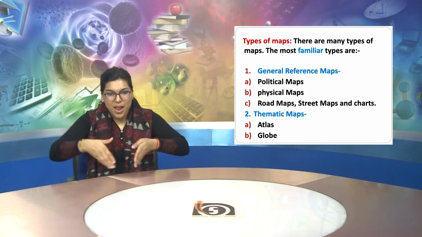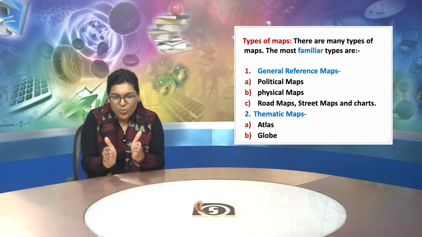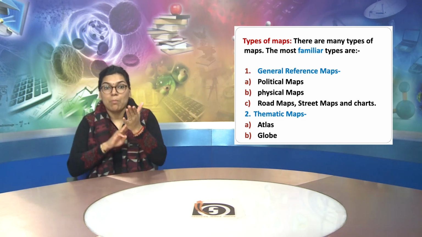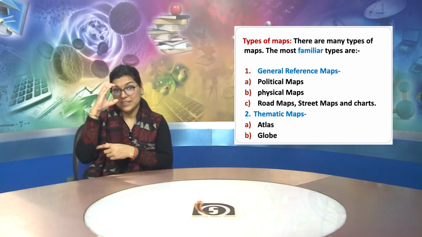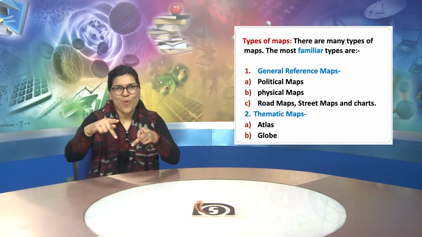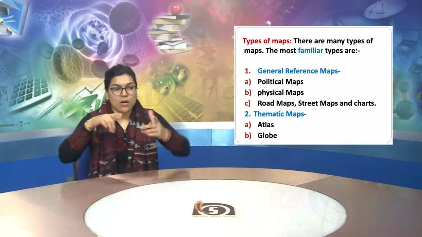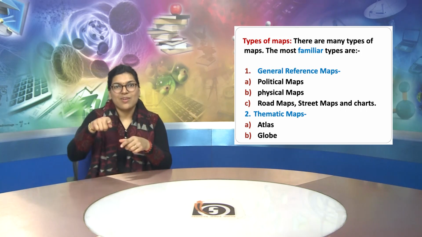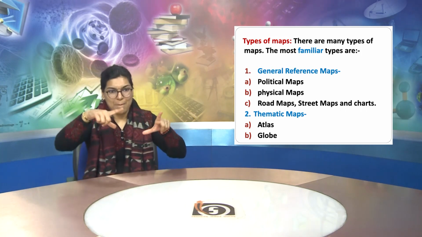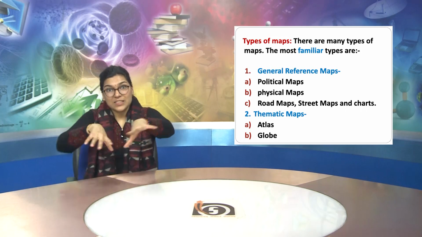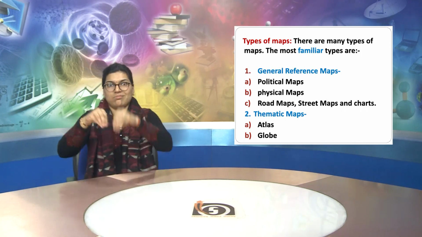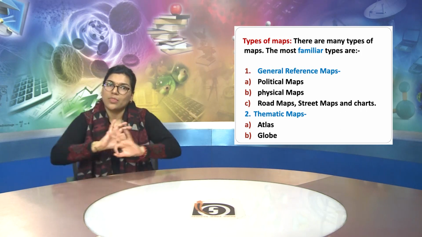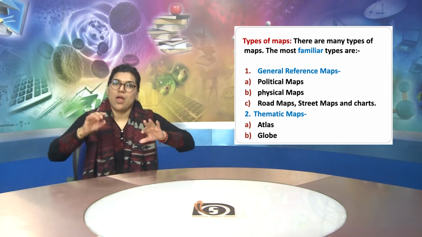The physical map displays the physical boundaries on the paper so that anyone who is looking at the map can easily understand the physical boundaries of the place. The third type of general reference map is road maps or street maps and charts.